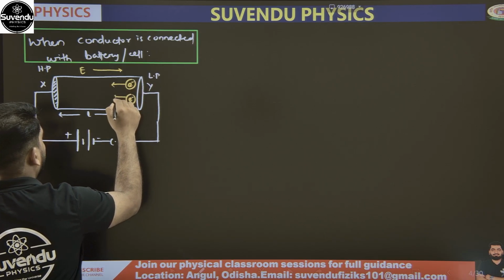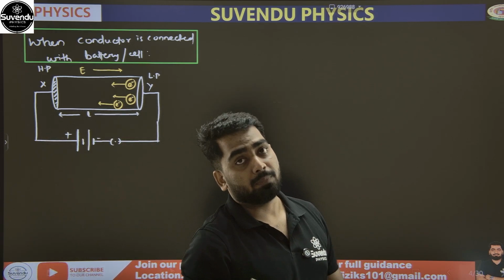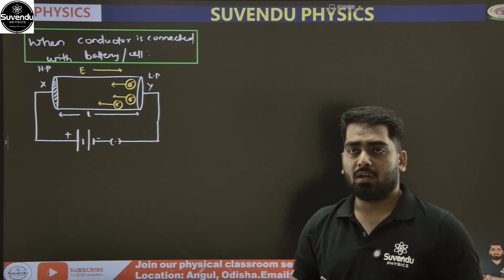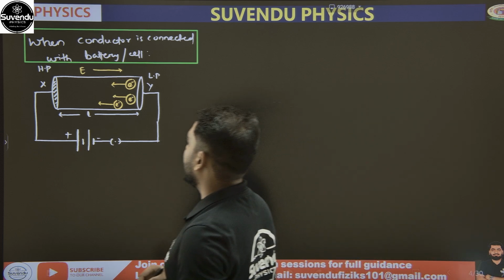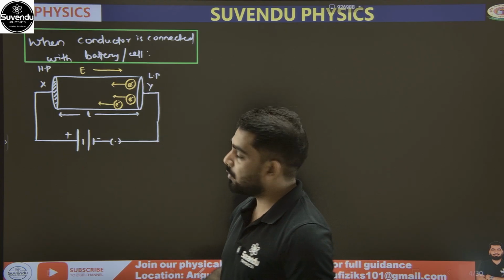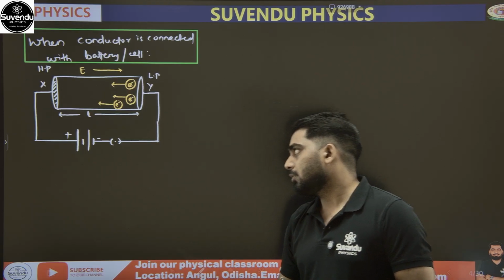And due to the presence of electric field, electrons present inside the conductor, that is free electrons, they will experience a force. And due to the force, all the electrons start to move from lower potential to higher potential region. ना आइडिया सबको बुझिएला ठीक से.